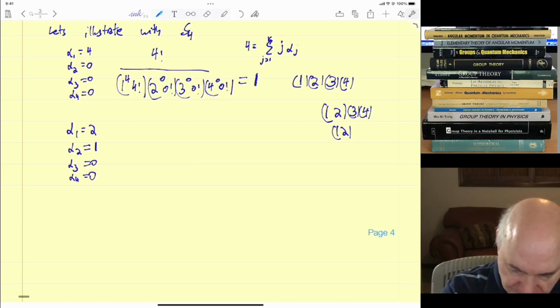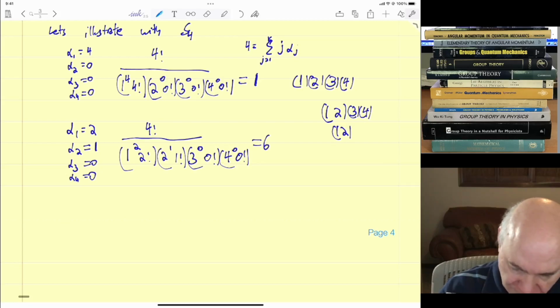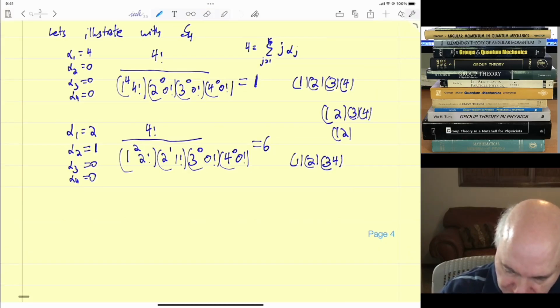If you evaluate that formula, I'll do this for the last time, writing out explicitly: 1 to the 2, 2 factorial, 2 to the 1, 1 factorial, 3 to the 0, 0 factorial, 4 to the 0, 0 factorial. This is equal to 6. So it says there are 6 permutations with this structure, and I'll write them out. 1, 2, 3, 4: 2 1 cycles, 1 2 cycle. So that corresponds to that.